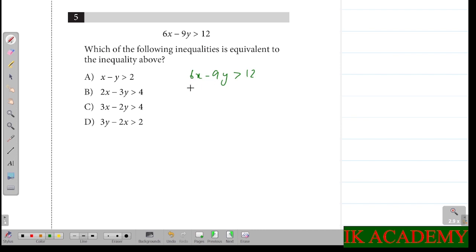So if I divide both sides by 3, 3 2s are 6, 3 3s are 9, 3 4s are 12. So that inequality is equal to option B, 2x minus 3y is greater than 4.